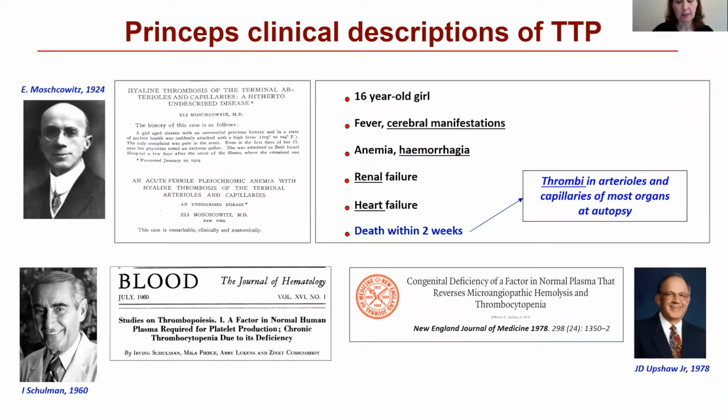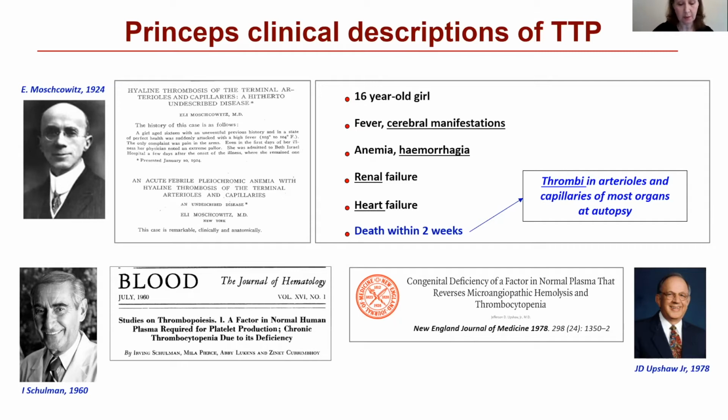The princeps clinical descriptions of TTP were done in the first half of the 20th century, almost 100 years ago. In 1924, Eli Moschcowitz reported the first case of TTP, likely autoimmune, in a female adolescent of 15 years old who presented with fever, cerebral manifestations, anemia, hemorrhage, renal and heart failure, and died in 2 weeks.